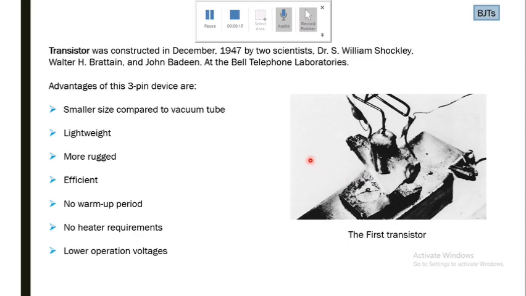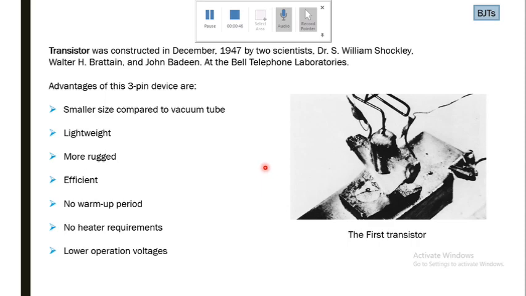In the first half of the 20th century, vacuum tubes were used for switching and amplification purposes. Vacuum tubes are devices which can control the flow of electric current between their electrodes by application of external voltages or external potential.